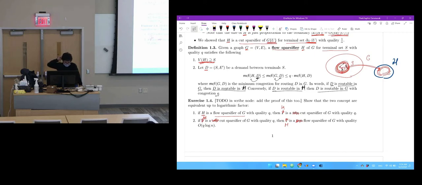Right. But that's the right idea for sure. What you say is that if H is less than G in the cut sense, then H is less than G in the flow sense with maybe a log n loss.